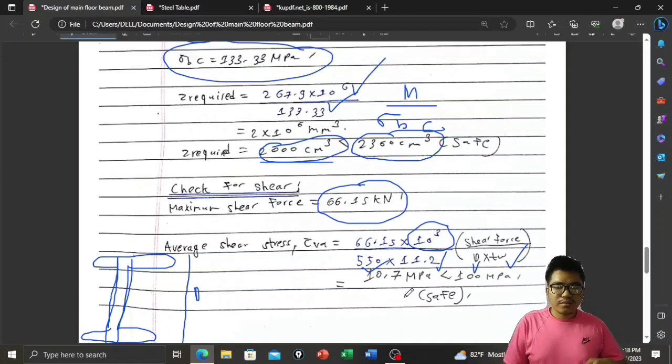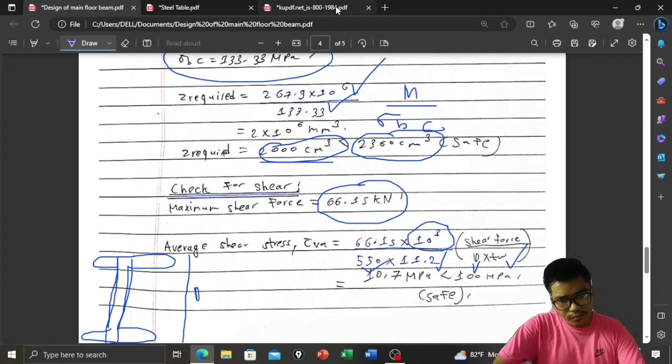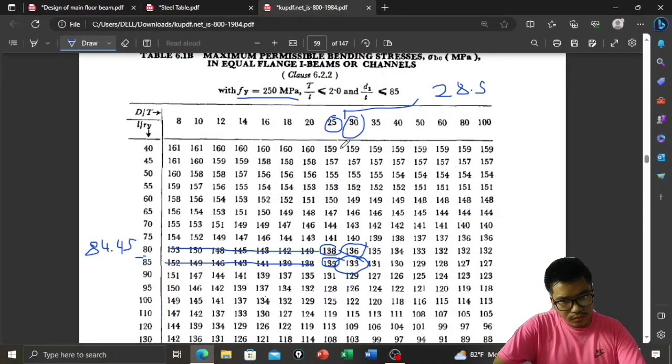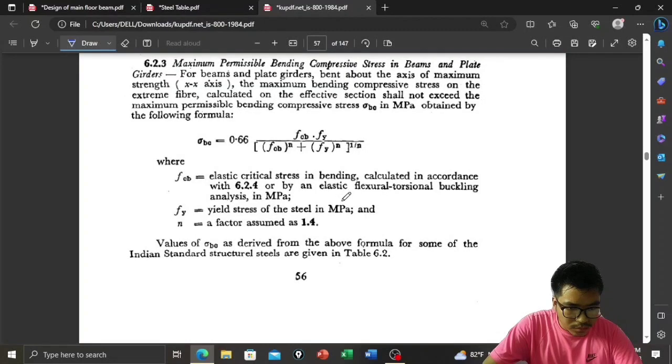The average shear stress is given in code.